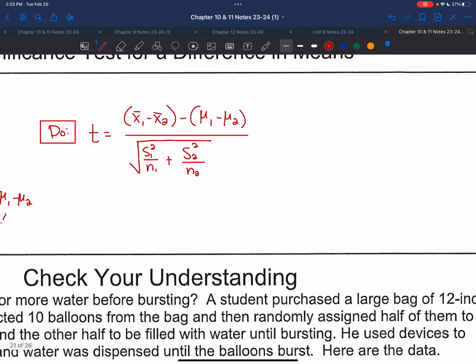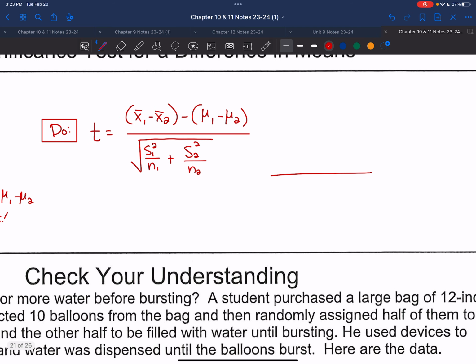And then also don't forget to draw your picture. Okay, so if you have a graph, let's say, for example, you're measuring at and below, it would look something like this. But then you've got T and then whatever your degrees of freedom are.